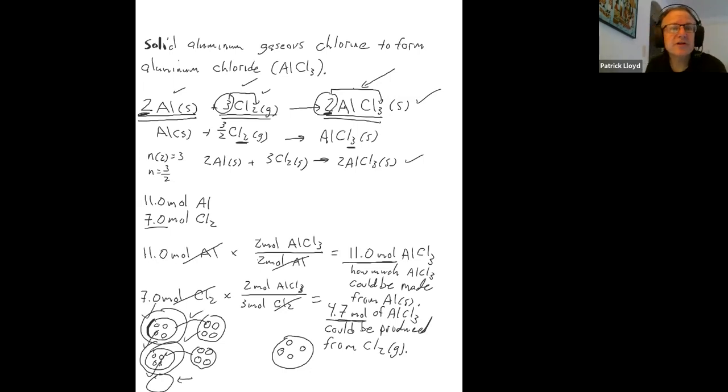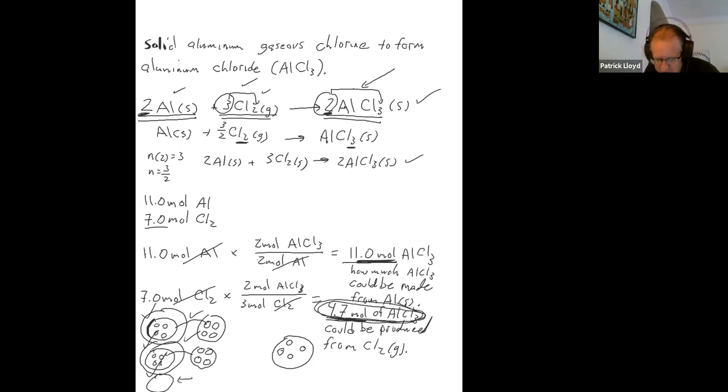So that's essentially the limiting reactant problem. That's what we're doing in chemistry. We're saying, look, we have enough aluminum to make 11 moles of aluminum chloride, but we only have enough chlorine to make 4.7 moles of aluminum chloride. So the answer would be the smaller number, 4.7.